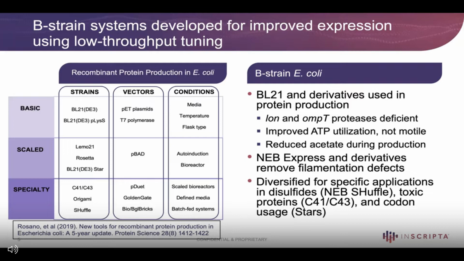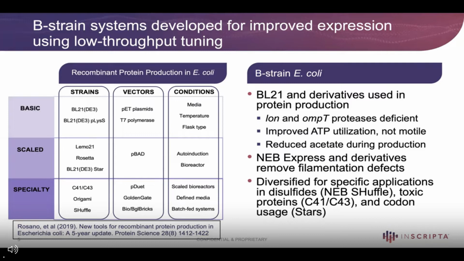All of this is reviewed elegantly in multiple different papers; I list one paper here. There's a BL21 variant in particular. BL21 has a filamentation phenotype, so that it can form extensive filaments under the right conditions.